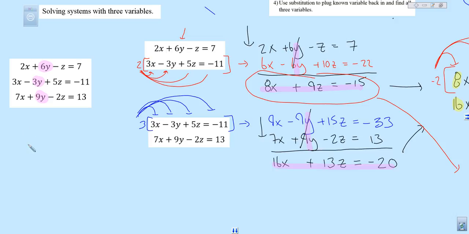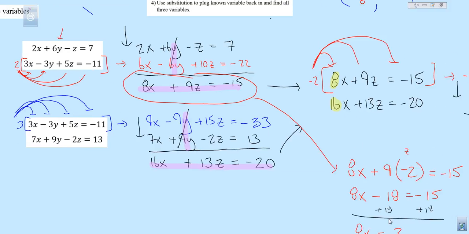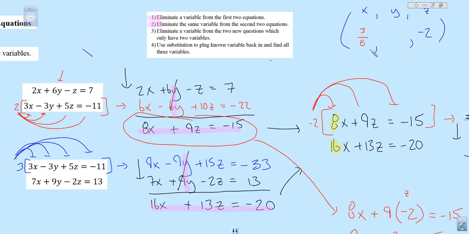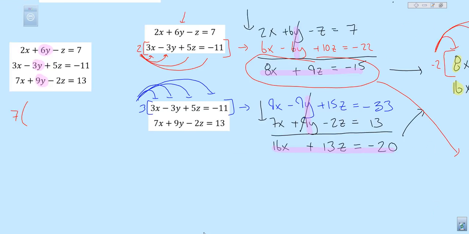I've got x is 3/8 and z is negative 2. So I've got 7 times 3/8 plus 9y minus 2 times negative 2 is equal to 13.